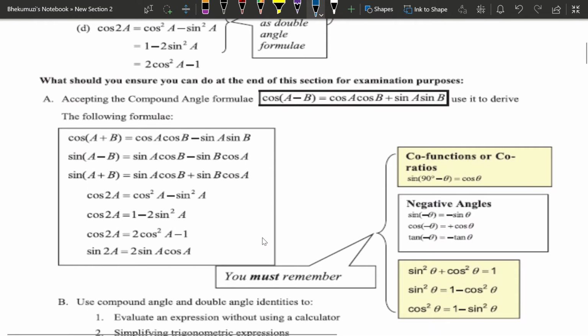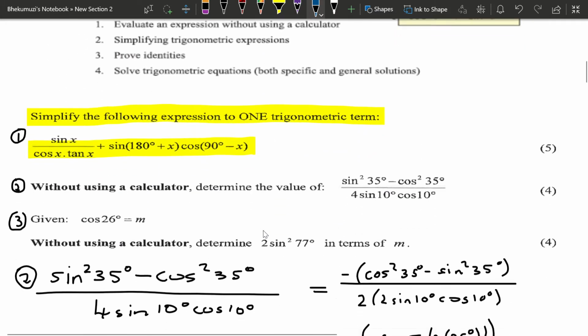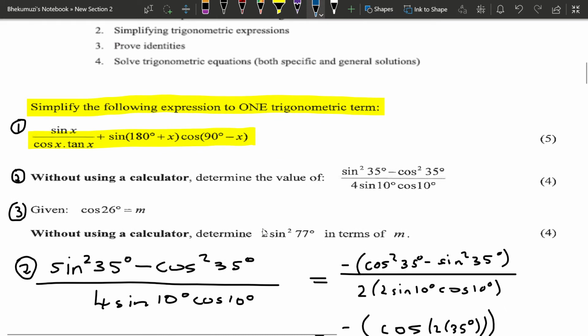And also you need to remember your cofunctions and your reduction formulas, so that you're able to do these questions quite effectively. But let's start off with an example. Here you'd see something saying simplify the following expression to one trigonometric term, but this one, because it's in yellow, I'd like for you to try out on your own, and I would do number 2 and 3 for you.